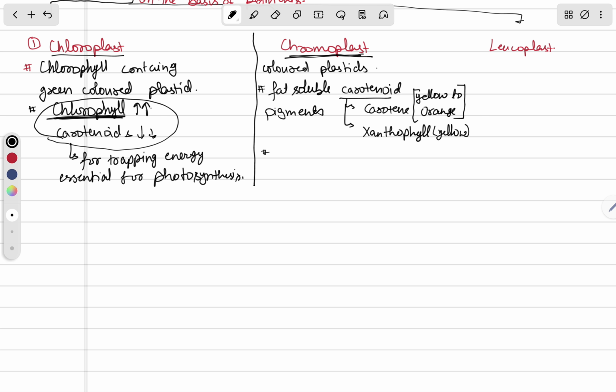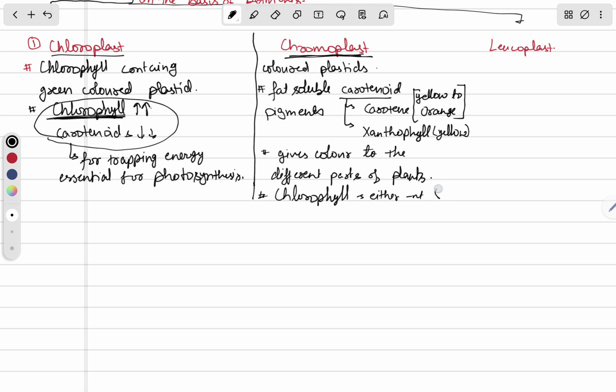So what is the function of chromoplast? It gives color to the different parts of the plant. Should chlorophyll be present or absent in chromoplast? It is either absent, and if it is present, then in very less amount, right?